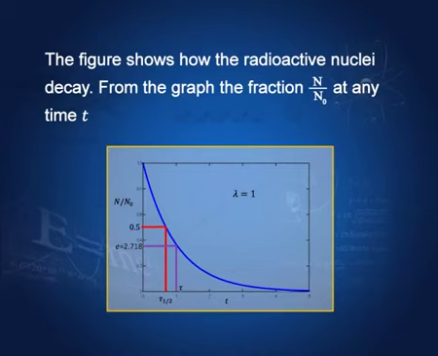In this lecture, of course, we have concentrated on the stability of the nucleus again, and we have found that a radioactive nucleus decays like this. We have defined the half life and we have defined the mean life.